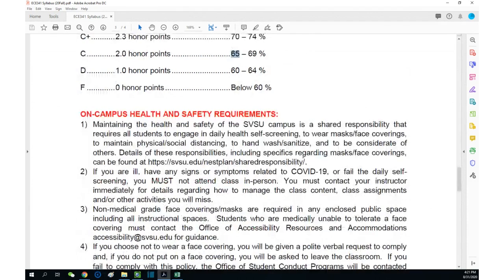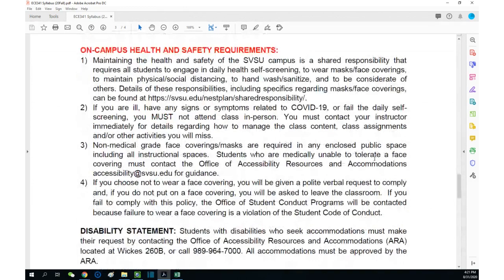And on-campus health and safety requirement. I believe this is not your first time to see this, even though this is just the first day of school. From all of the other courses, I think you more or less see these things. Please follow, since our school has already raised the level of violation to a violation of the student code of conduct.